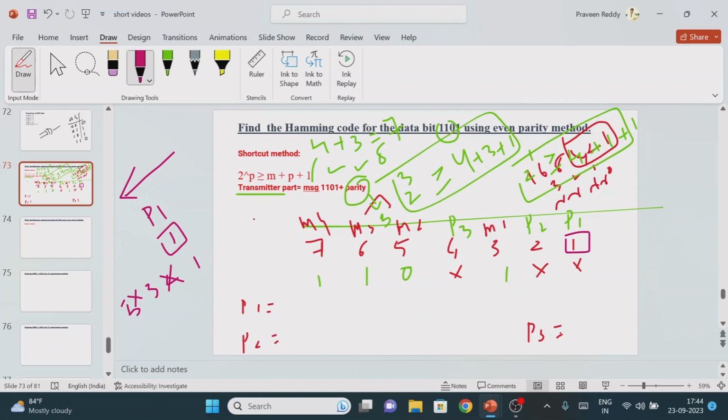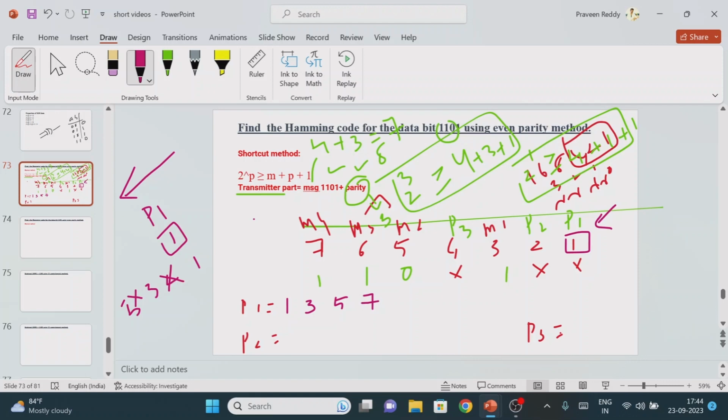Because we started from the first location. First location means 1 bit to be considered, 1 bit to be skipped, right? So for p1, you consider the first location value, then skip the second location value, because we need to skip 1 value. So 2 is skipped, 3 we write, 4 is skipped, 5 we write, 6 is skipped, 7 we write.